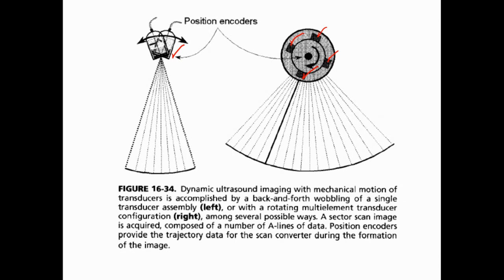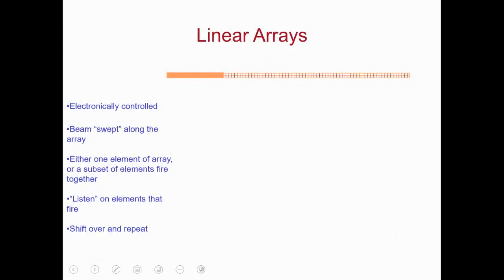But because one transducer element can only shoot out one beam, you have to somehow move that element to shoot in these different rays to create this fan beam geometry, to get a bunch of parallel A-line scans to generate that B mode image. That, as far as I know, is not used medically anymore. I've never seen one that has a single element in it. So we have a much better, much faster way of doing it.